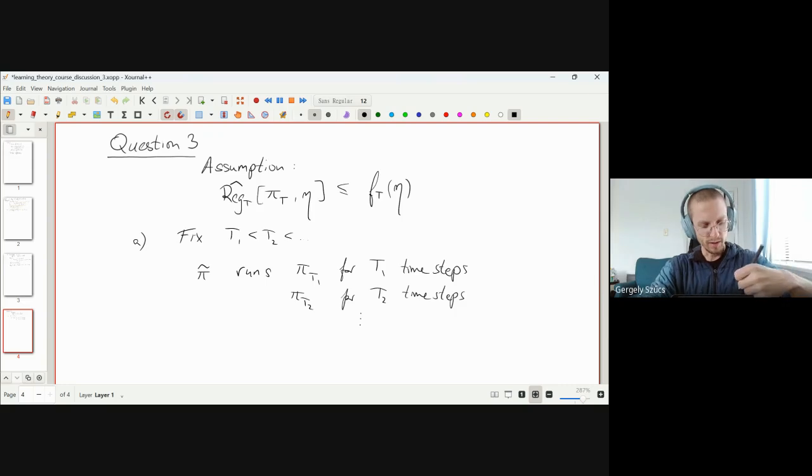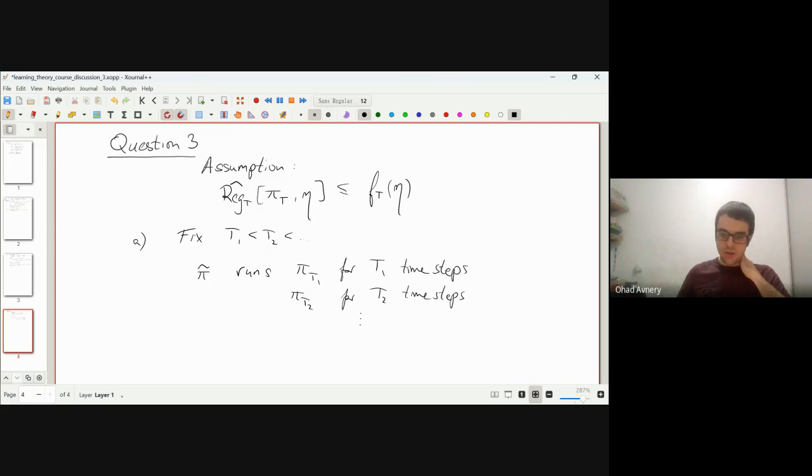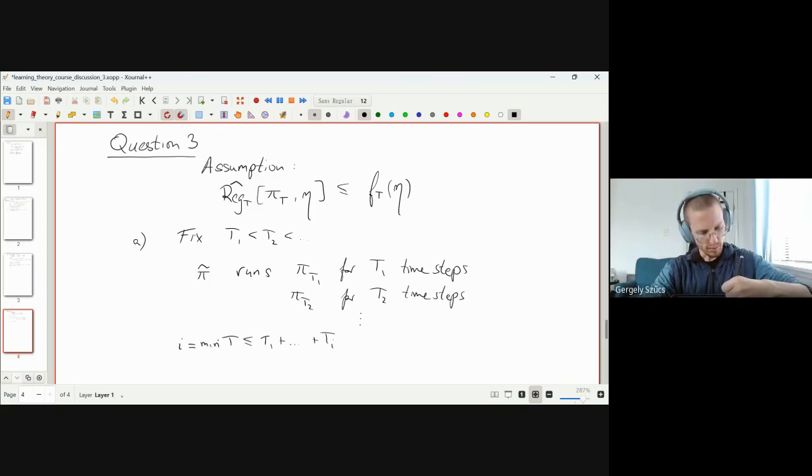Okay, so that's the setup, and under this notation, I is the number of blank slates that we have to do. I is the smallest I such that t is less than or equal to t1 plus t2 up to ti. And this is also denoted as t bar of I plus 1, the minimum such I.